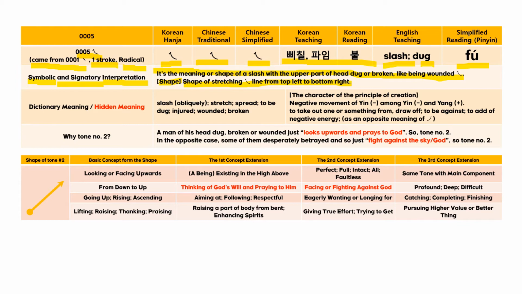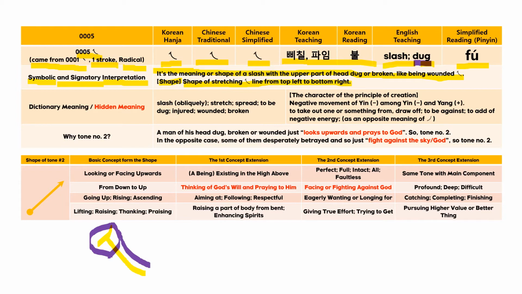This character is shaped like this. The upper part of this character, and then like this. The upper part, why Korean ancestors has taught us this is a dug or broken, particularly in the head.